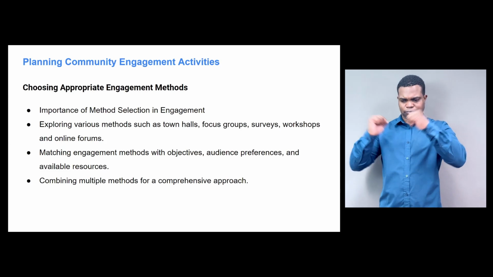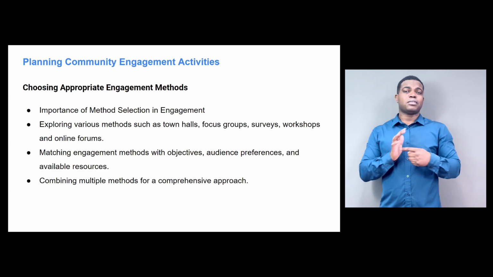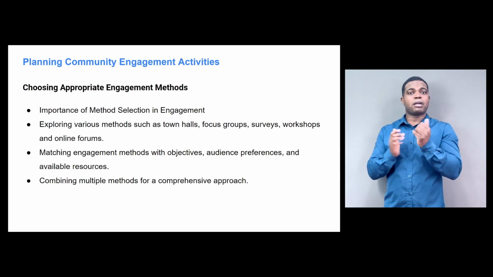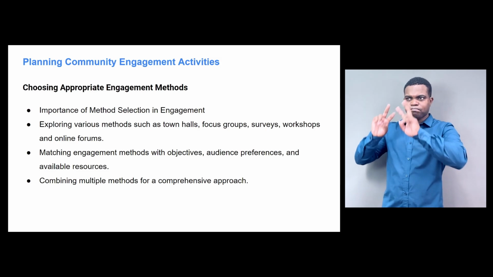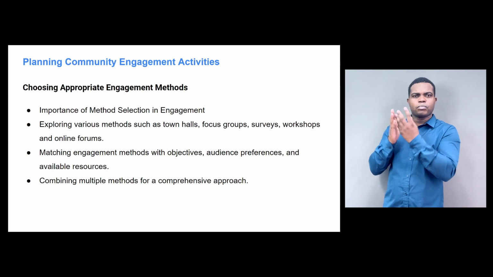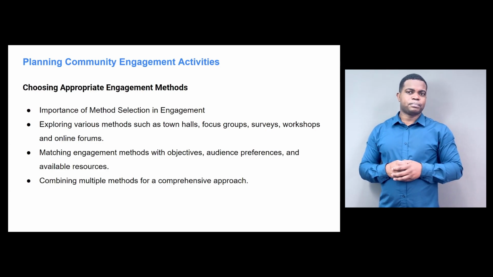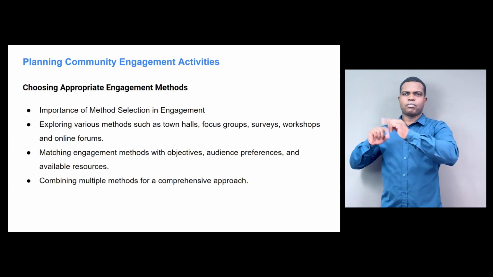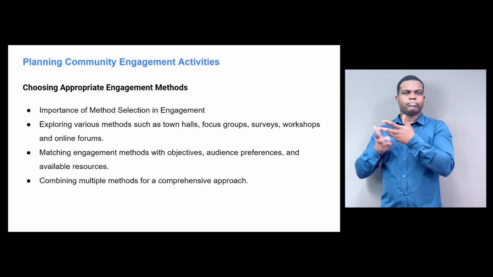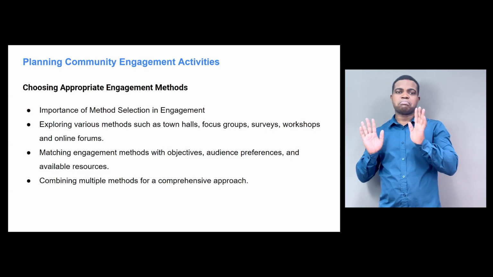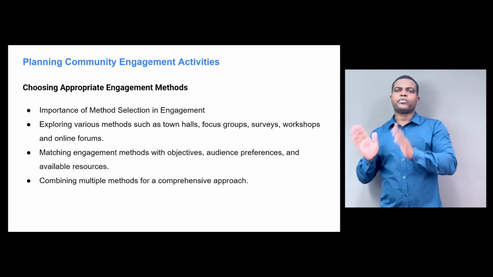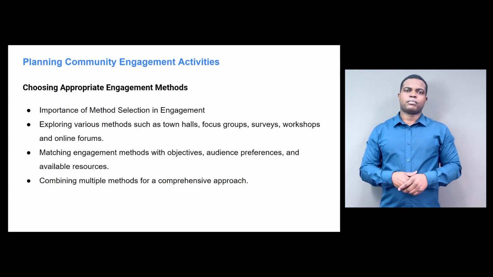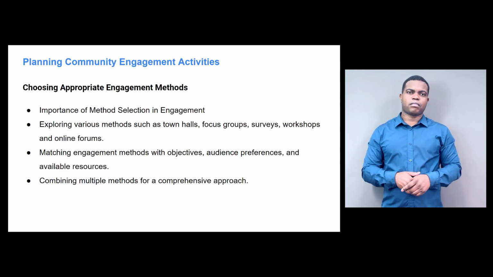If your resources cover only online forums, because online forums are cost effective and you don't have many resources, you can decide to use online forums and make sure that you are achieving something valuable from the kind of engagement methods you are choosing.